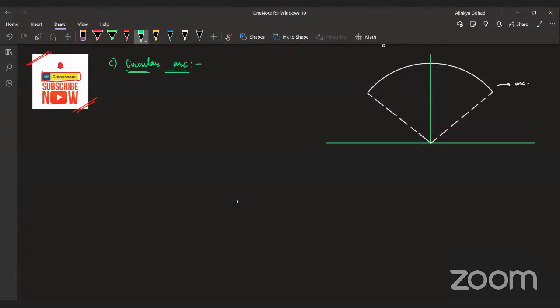The center of mass will always be on the axis of symmetry. And in cases where there are multiple axes of symmetry, the center of mass will lie at the intersection of those axes.